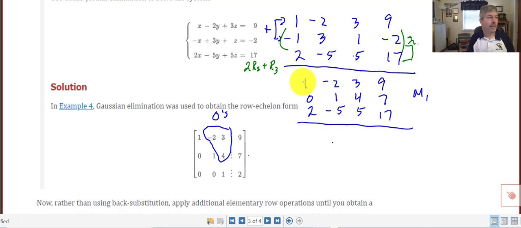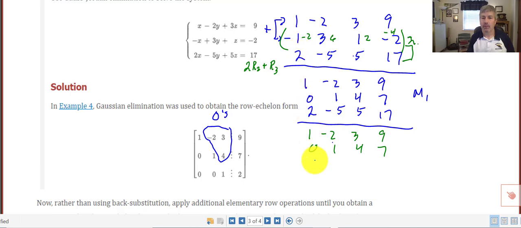So recopying my first two rows here, still have 1, negative 2, 3, and 9. I have 0, 1, 4, and 7. So when I multiply row 2 by 2, that becomes negative 2, that becomes 6, that becomes 2, that becomes negative 4, and I add it to row 3.